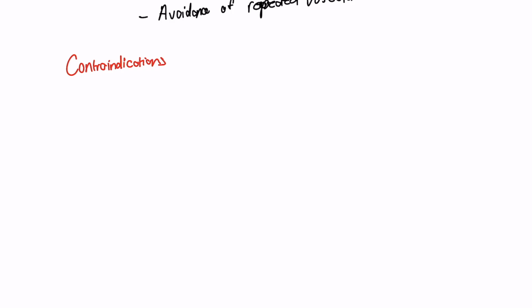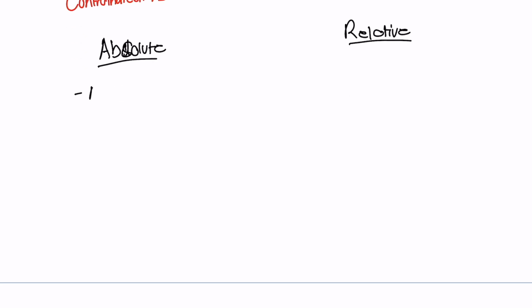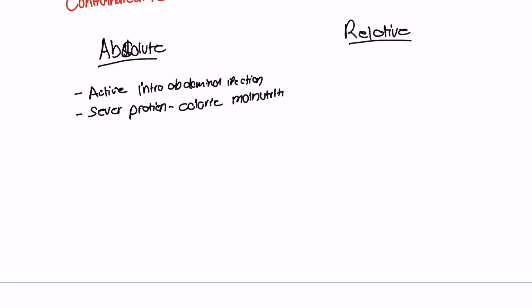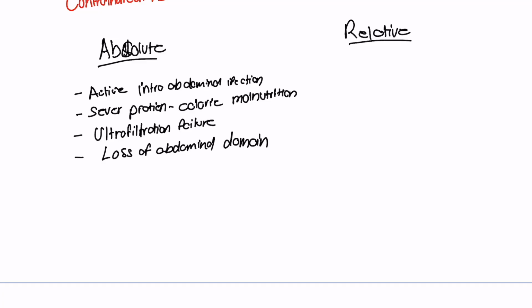There are absolute contraindications and relative barriers, or relative contraindications. Absolute contraindications include active intra-abdominal infection, severe protein calorie malnutrition, ultrafiltration failure, or a general loss of abdominal domain with excessive adhesions from prior surgery.